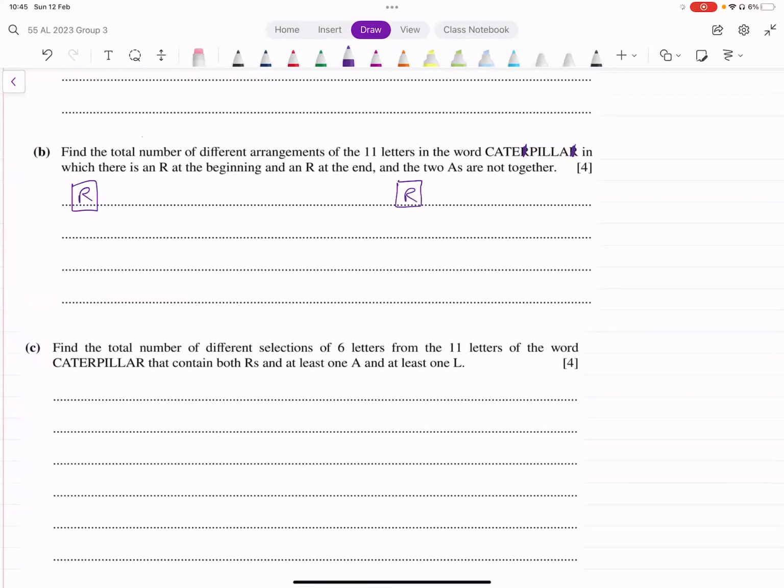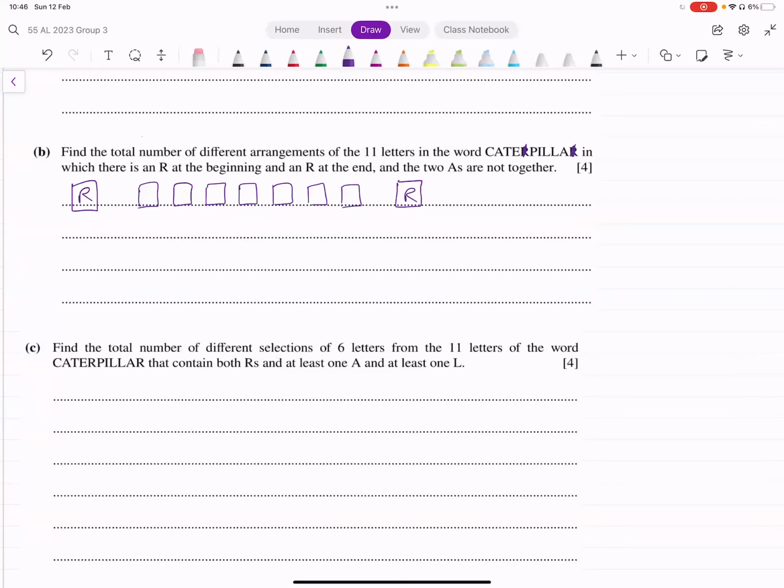Now you could either find the total arrangements and then subtract from that the case where the 2 A's are together, or you could do that lines वाला method जिसमें आप कहते हैं जो जिनको नहीं separate करना उनको पहले place कर दें, किनको नहीं separate करना है यहाँ पे C, they've got C and T, E, P, I, L, L, and that's it, right?